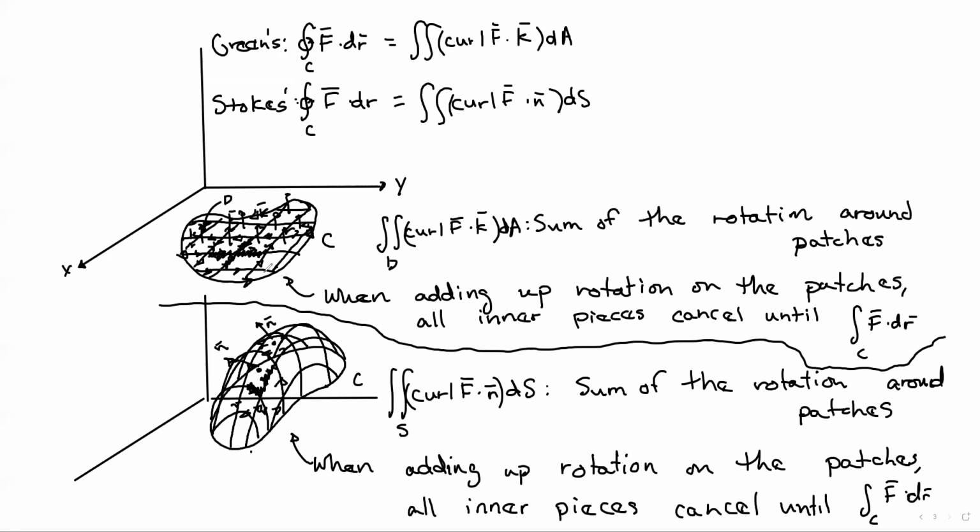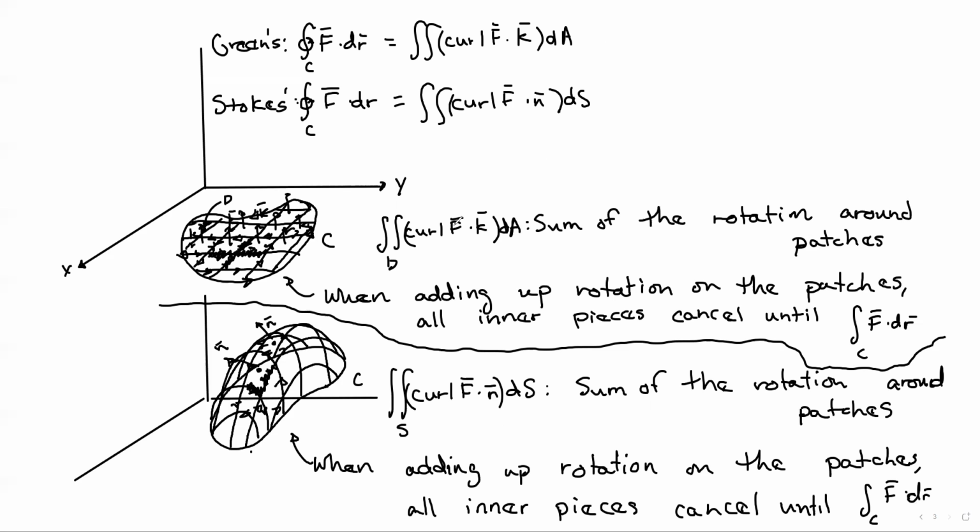One says it for a flat object, one says it for a curved object. The flat object could be interpreted as just in 2 dimensions. When we discussed Green's theorem in that video, everything is in 2 dimensions, and then we extend it into 3 dimensions for Stokes' theorem. That's how I see it: Stokes' theorem is the extension of Green's theorem by 1 additional dimension.